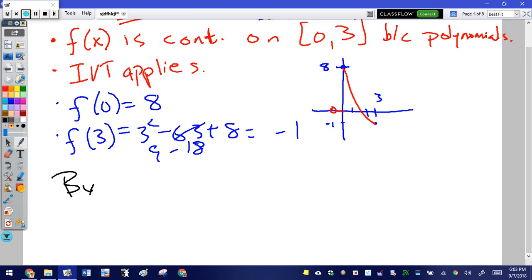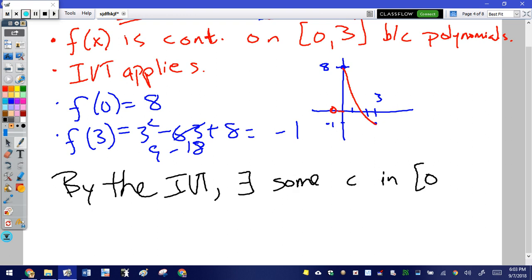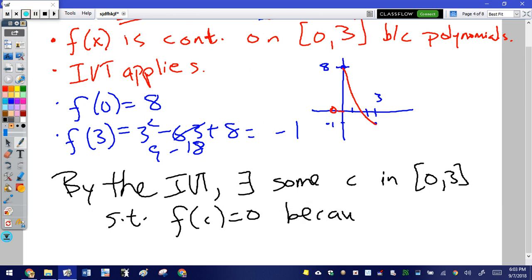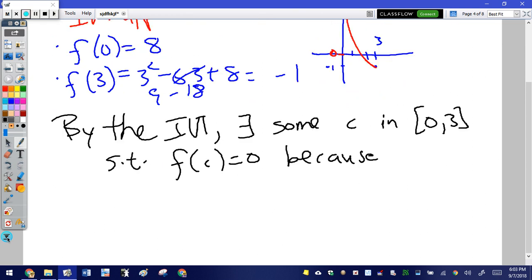By the intermediate value theorem, there exists some c in the interval [0, 3] such that f of c equals 0 because, let's see, f of 0 was 8, right? And f of 3 was negative 1.